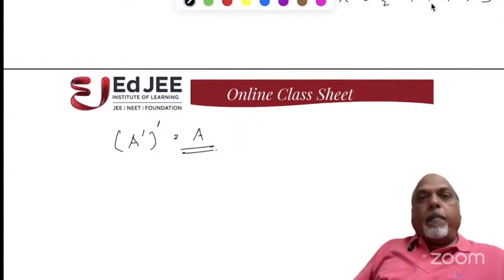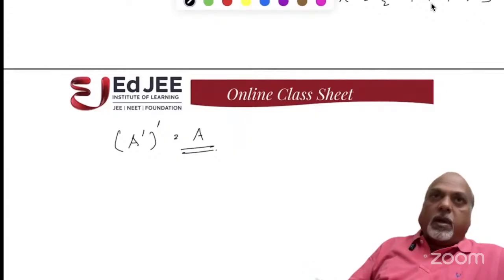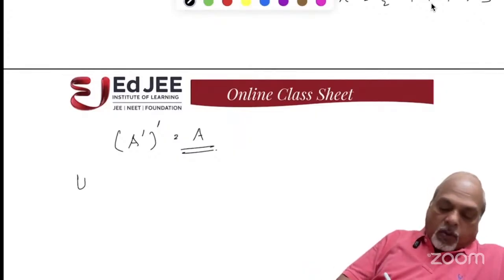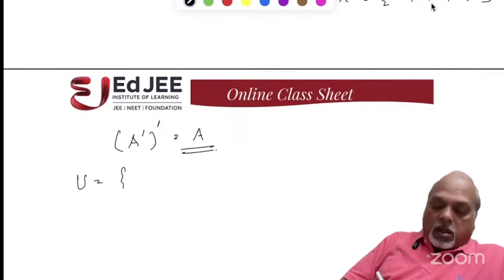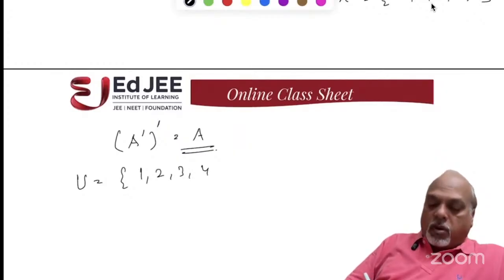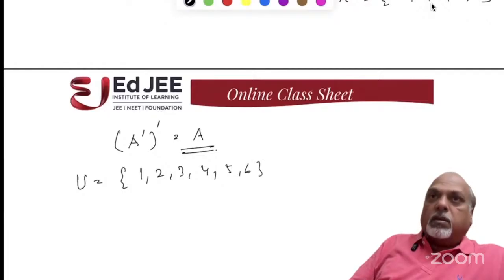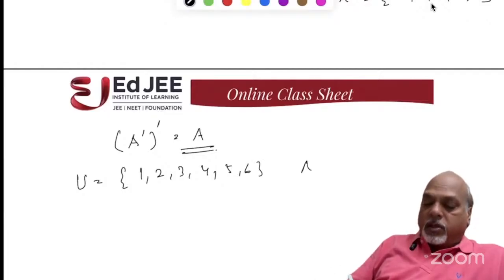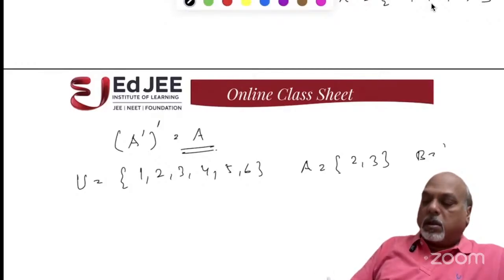Correct? Let us take an example. Suppose U is 1, 2, 3, 4, 5, 6, and A is 2, 3, and B is 3, 4, 5.